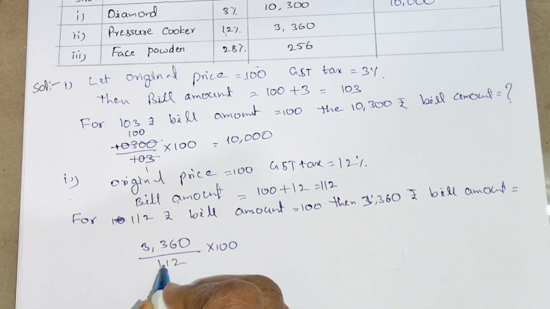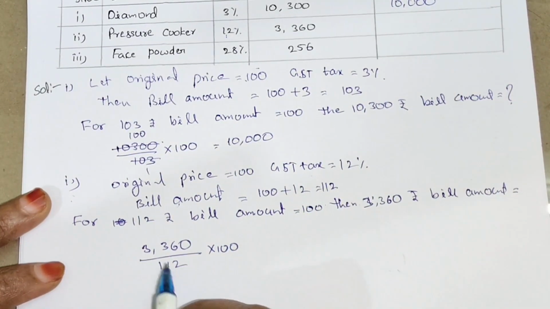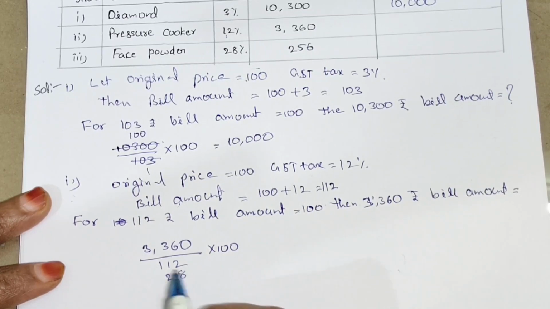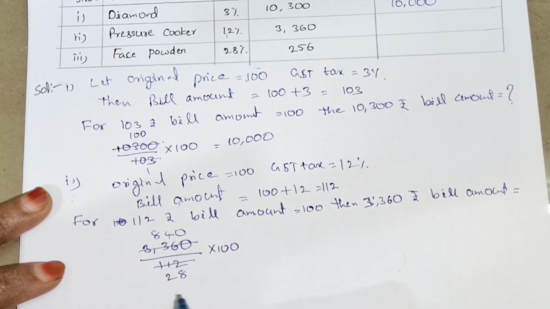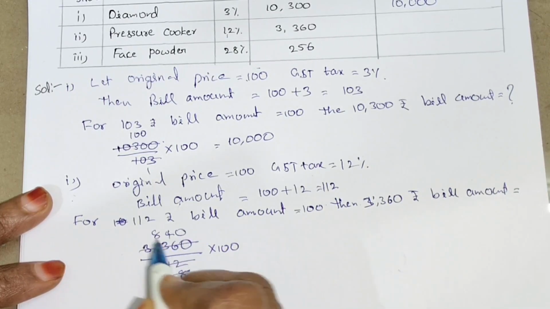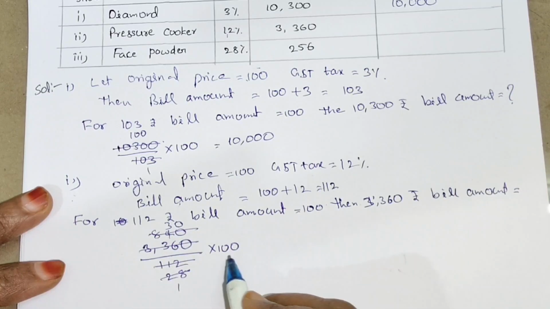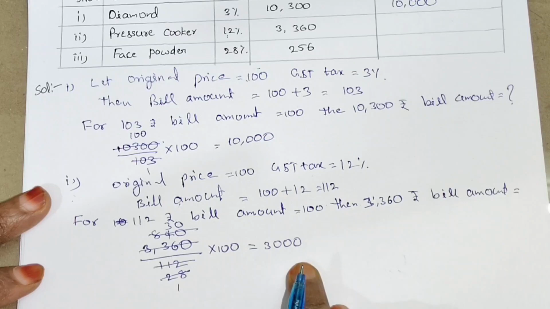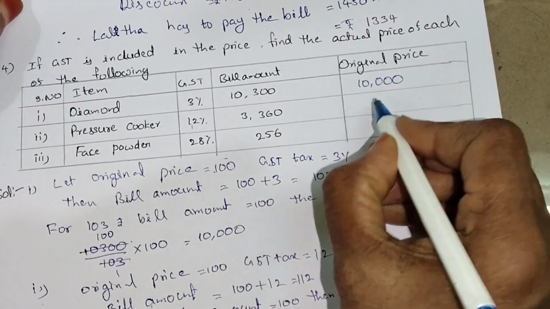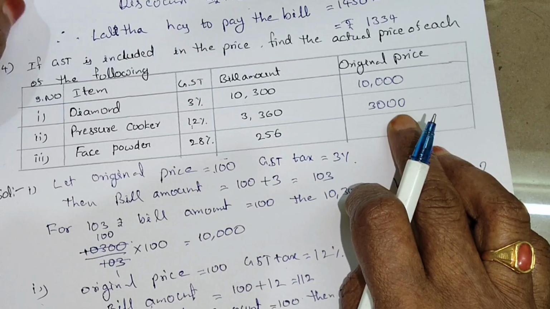First we take the 4 table and cancel numerator and denominator. 4 2s are 8, 4 8s are 32, 4 4s are 16. Next 28 1s are 28, and we get 30. 30 into 100 equals 3000. So the original price is 3000.